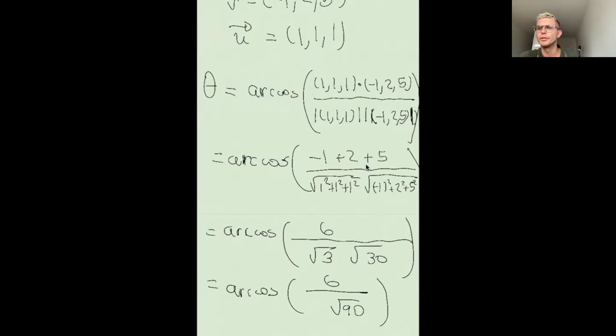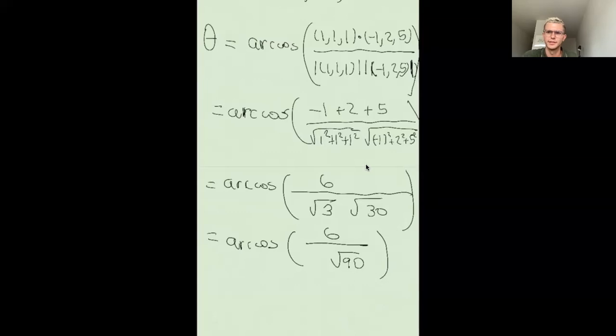In principle, they are all in radians, so this is the answer in radians, whatever that angle gives you. There's really not a calculator on the exam, so you would not have to simplify this anymore. Is that okay? So far, so good. Any other questions?